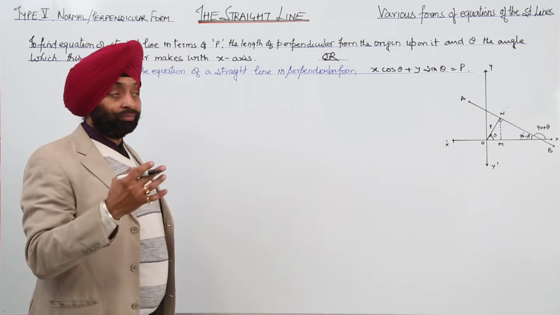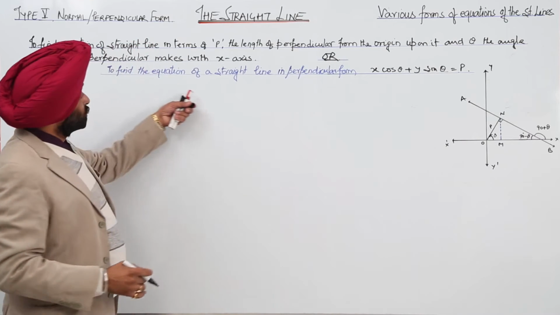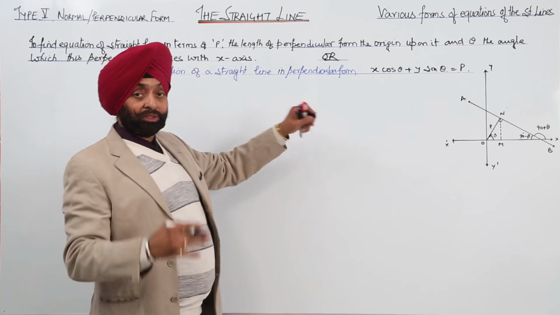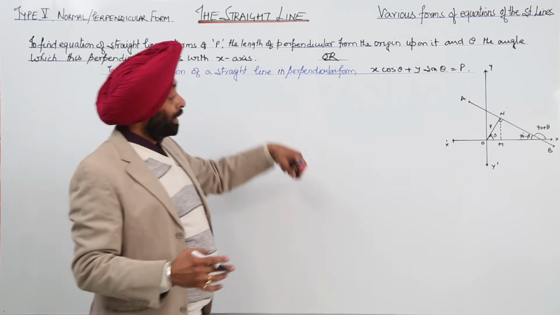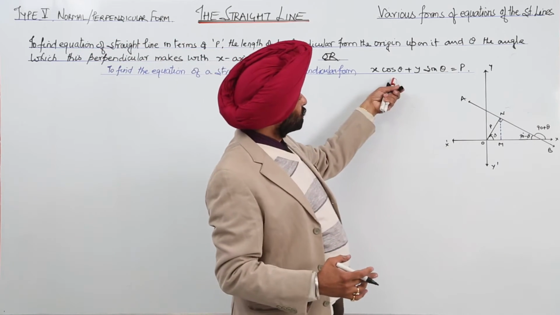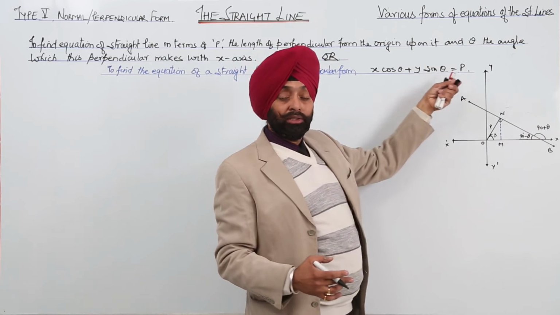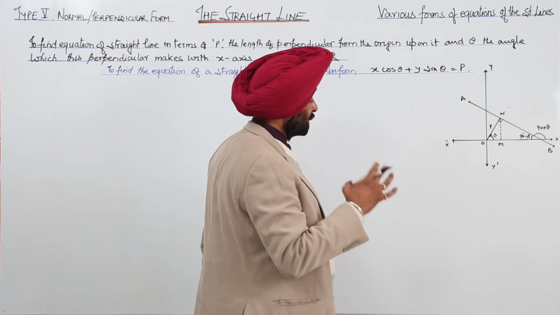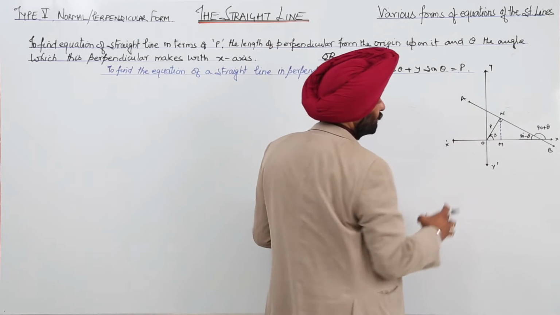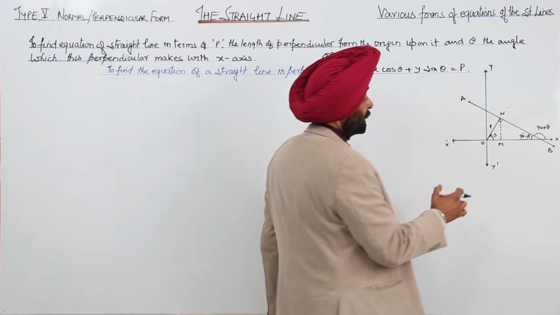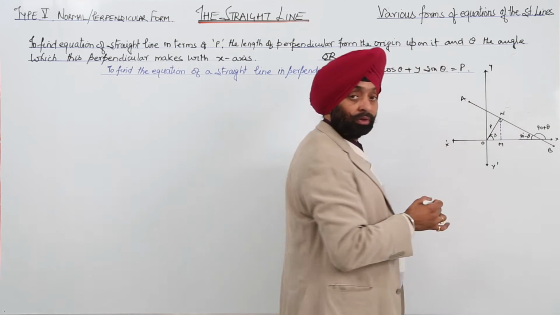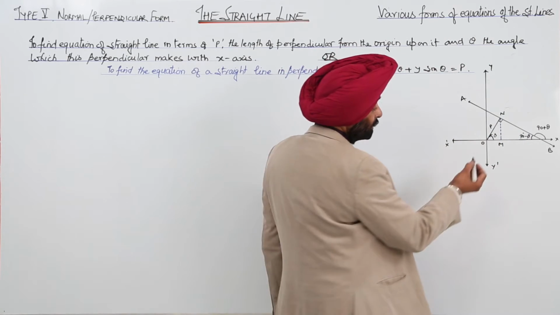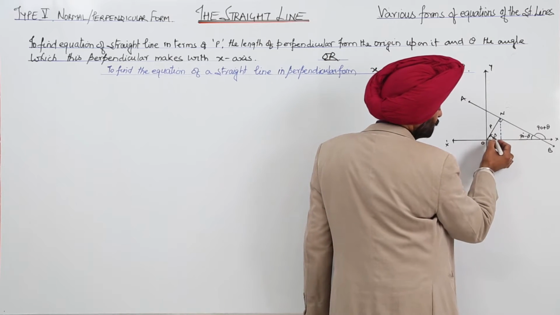Another form is to find the equation of a straight line in perpendicular form, meaning directly written, and the equation is x cos theta plus y sin theta is equal to P. Is it clear? A figure has been drawn here. According to the figure, this line is AB, and a perpendicular is drawn from the origin on AB.